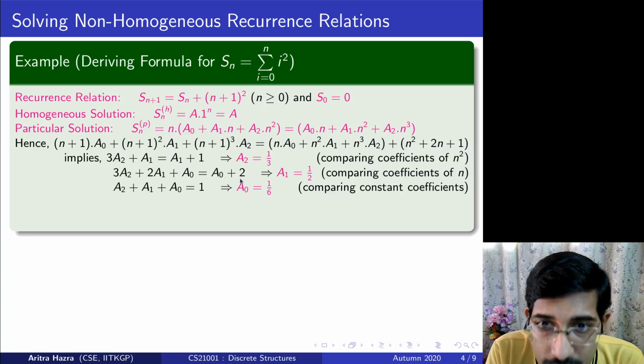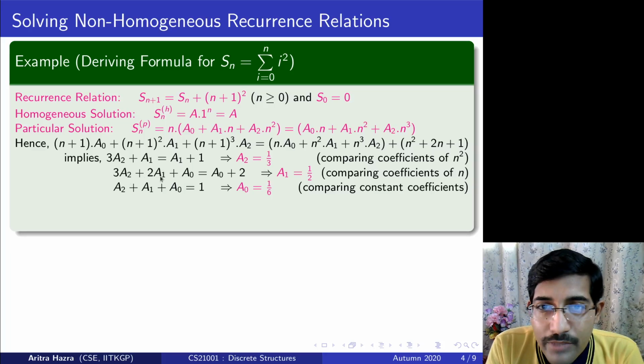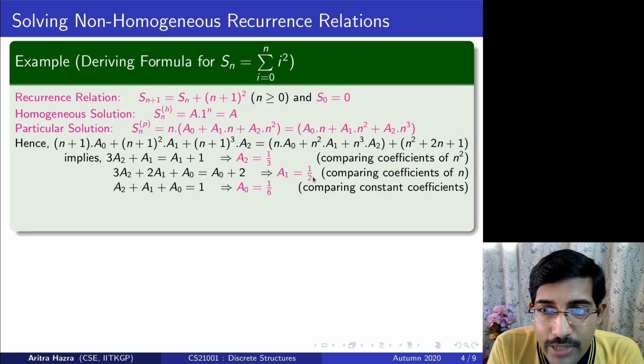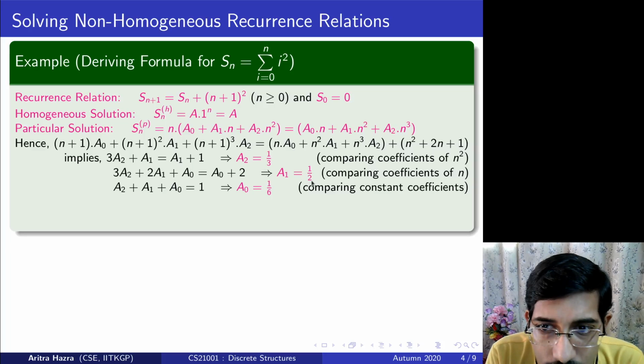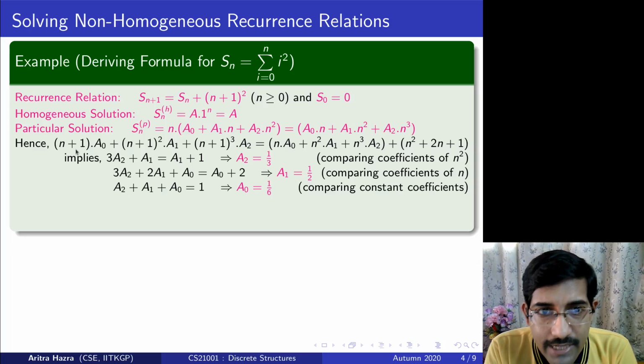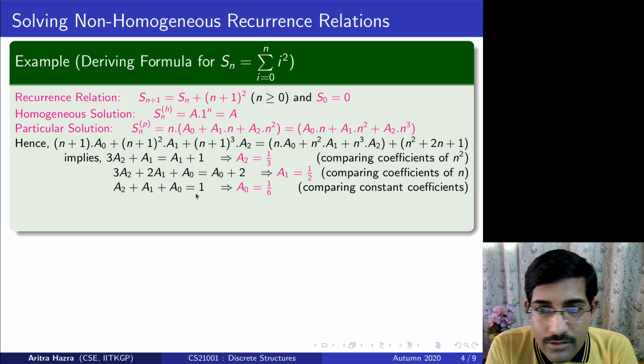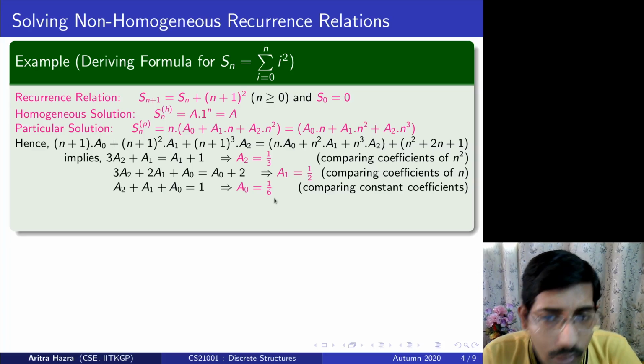So now a0 cancels out, and I can get a1 because I know the value of a2. So a1 becomes 1/2. Now comparing the constant coefficients, this is a1 here and a2 here, which sum to 1. So then I will just get a0 equal to 1/6.